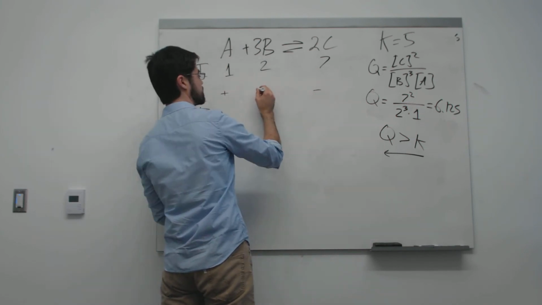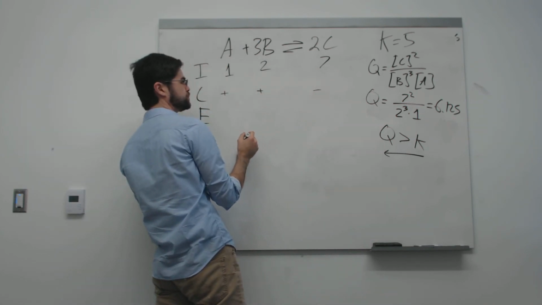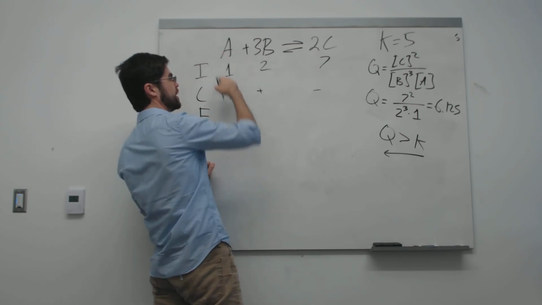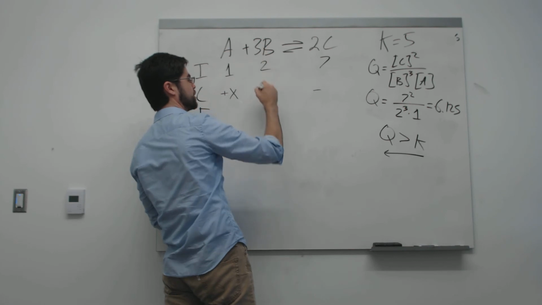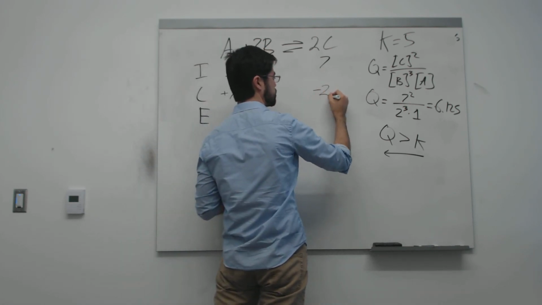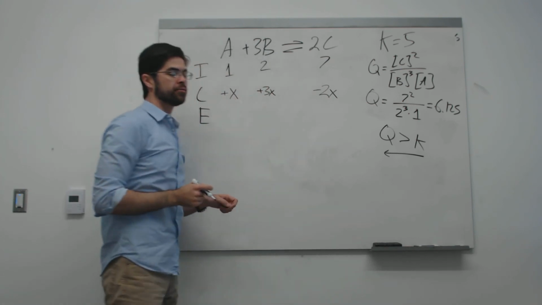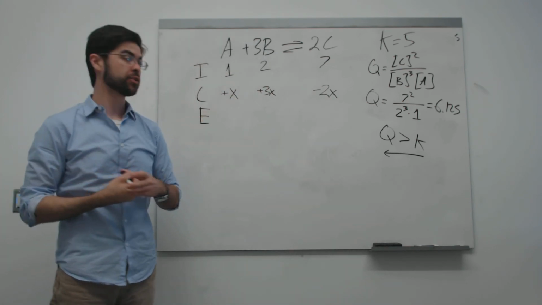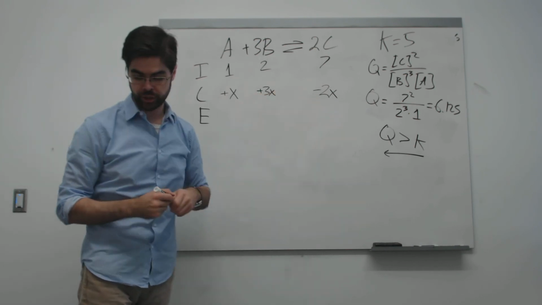So I should lose products and generate reactants. So I will generate 1 mole of A, because it's 1 molar. I generate 3 moles of B, and I lose 2 moles of C, or however much. I don't know exactly how much, but I know that these are the relative ratios.